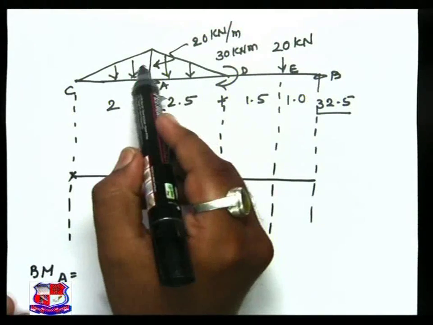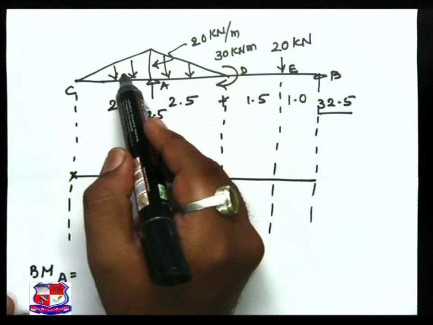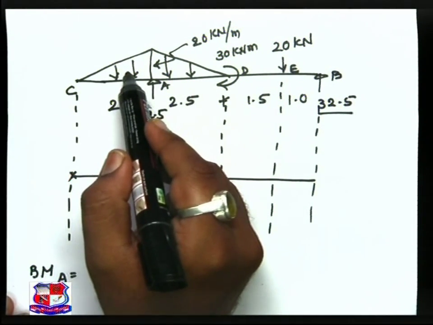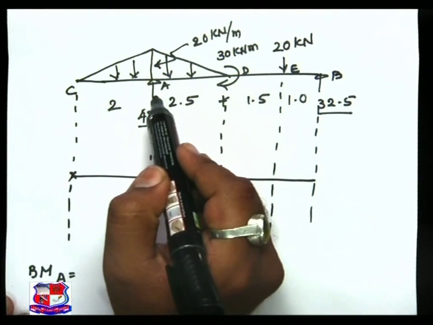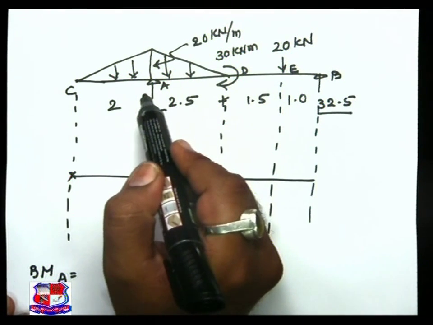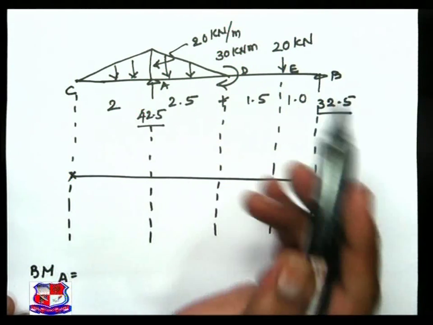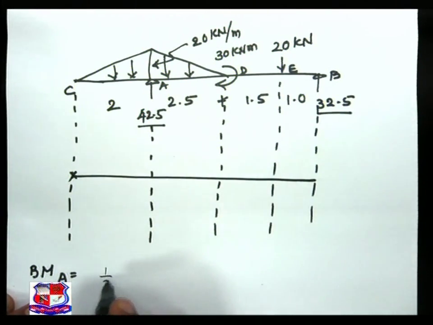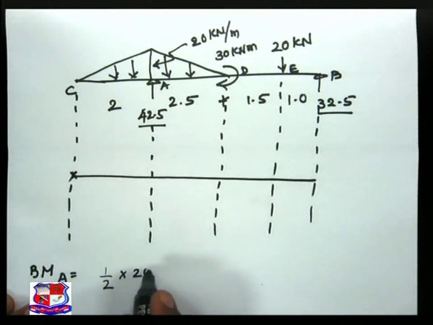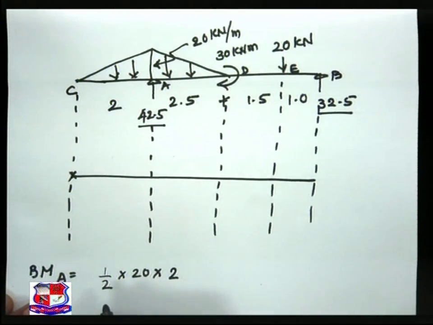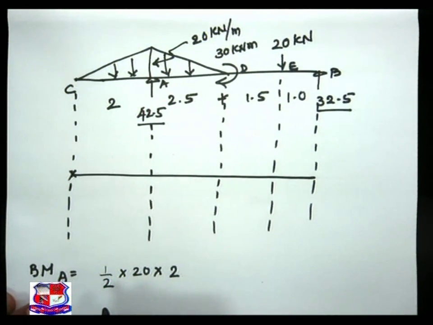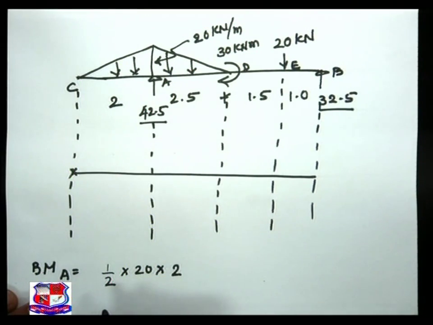The only load acting is the UVL, and because of this UVL, the moment acting at A is equal to load multiplied by perpendicular distance. What is the load? Half into 20 into 2. This is the load, multiplied by the perpendicular distance.